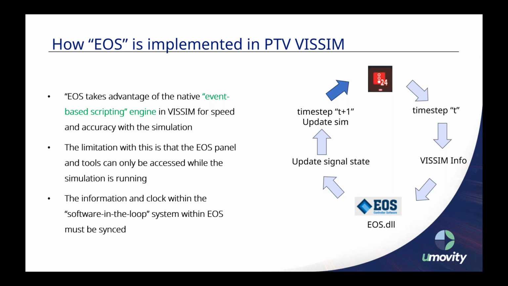So that means when you pause the simulation, the signal state isn't updated and time pauses, so therefore the EOS panel pauses while it's running. There are many different ways to work with that and get used to, but it actually is implemented really well within the system.